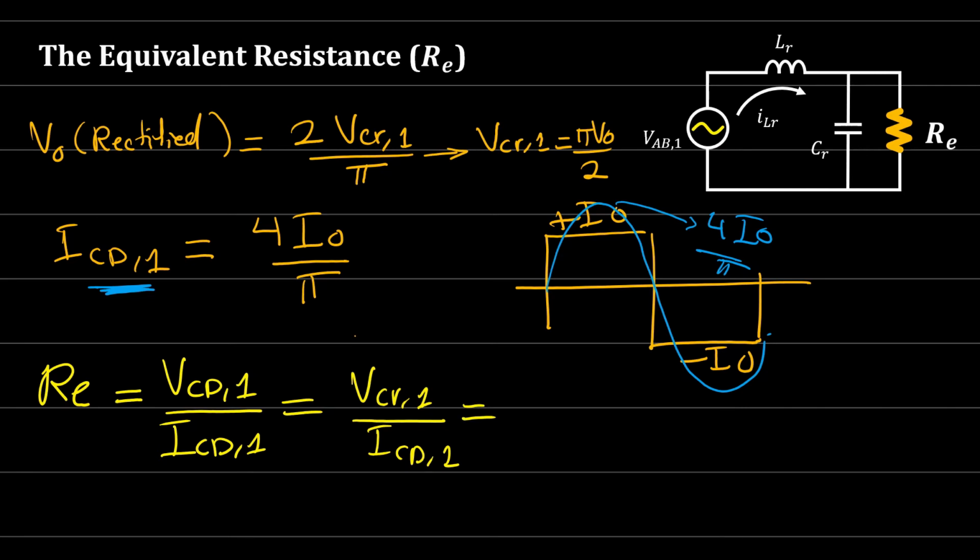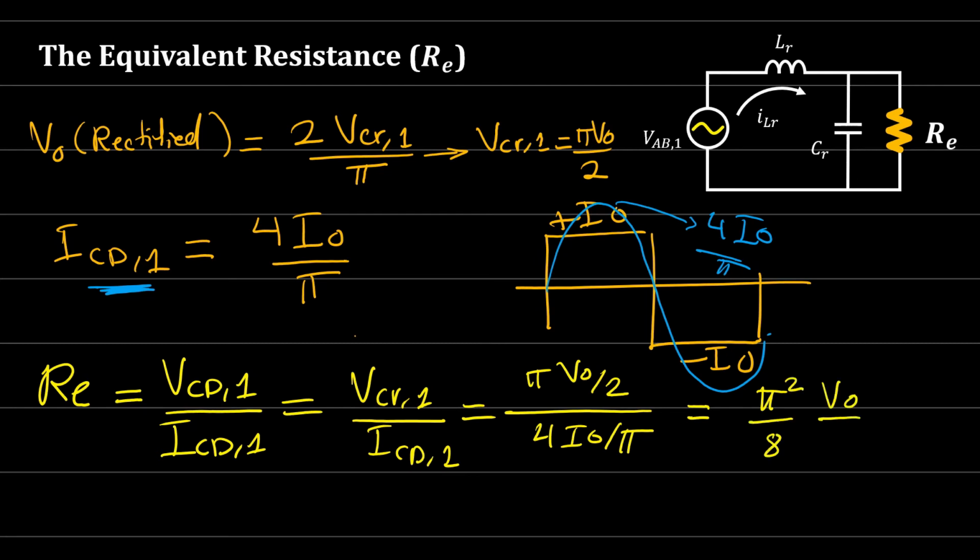From these two equations that we just obtained here, this will be how much? Pi V_out over 2, all over 4 I_out over pi, and this will be pi squared over 8 times V_out over I_out.